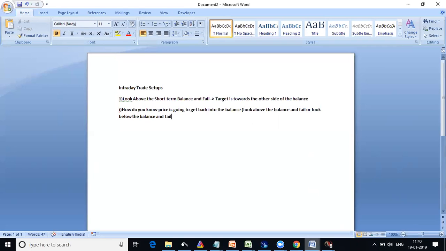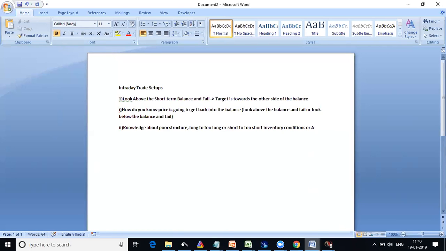How do you know that this is going to happen? This is going to happen only if you have a proper understanding of weaker structure. So to know this, you have to have knowledge about poor structures. Maybe because of poor structures, price could come back, or because of inventory conditions, long to too long, or short to too short.